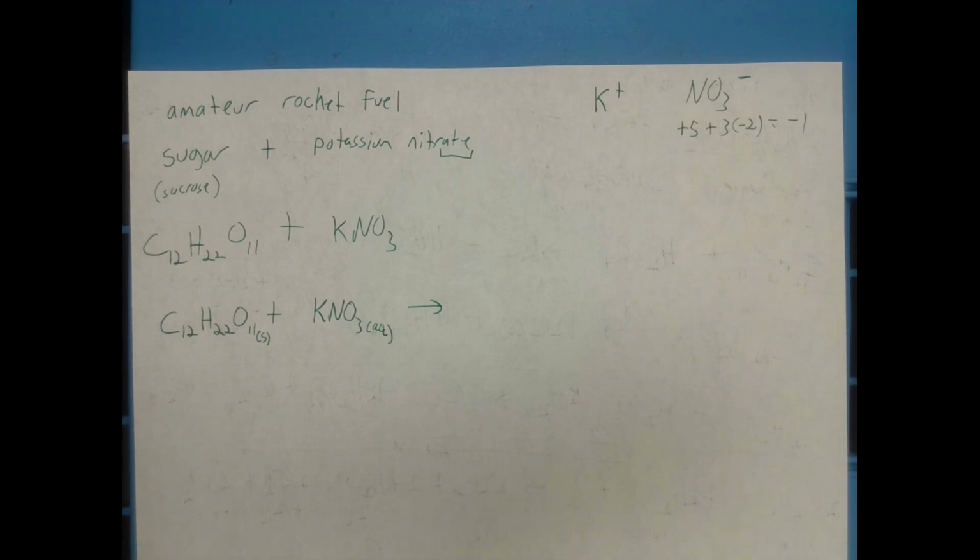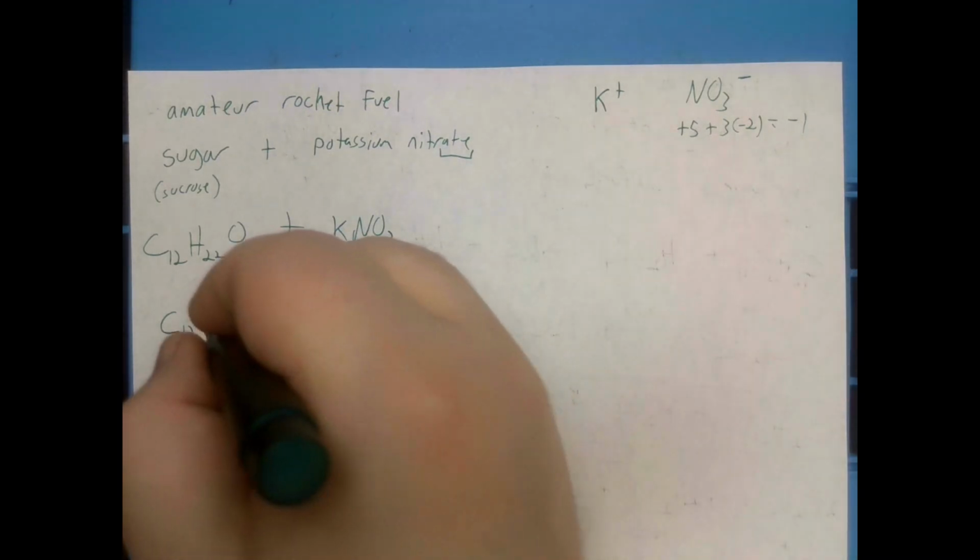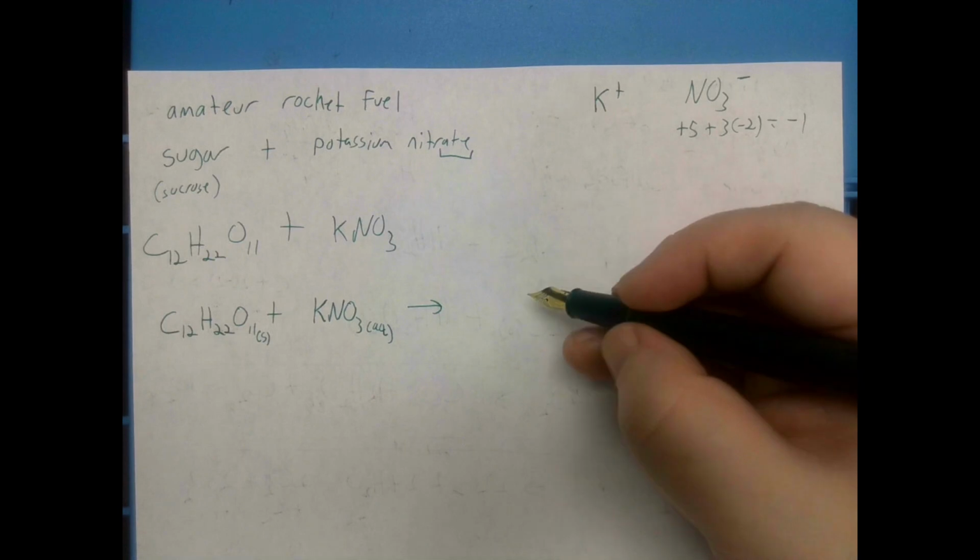I'm trying to think of a good way. This isn't going to be a good way to do this. I'll just tell you. The fact that this is covalent isn't very good.